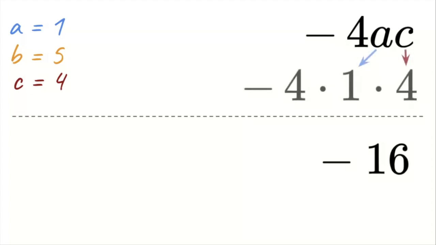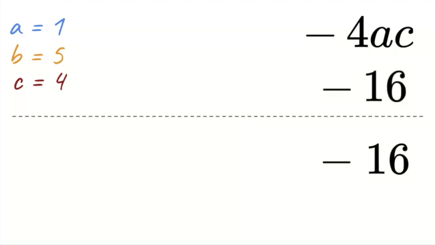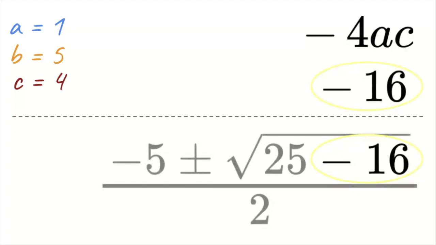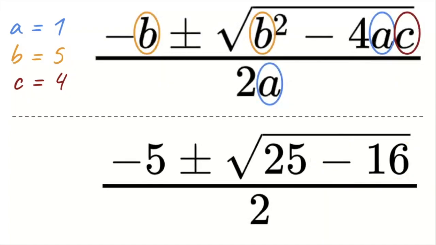So -4 times a times c in this case is -4 times 1 times 4. -4 times 1 is -4. -4 times +4 is -16. Now that we have that result, we can put it right in the formula where it belongs.